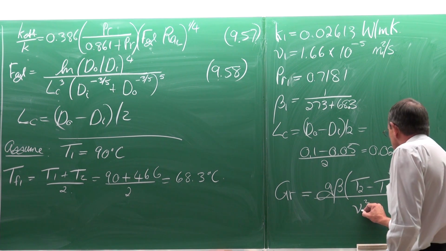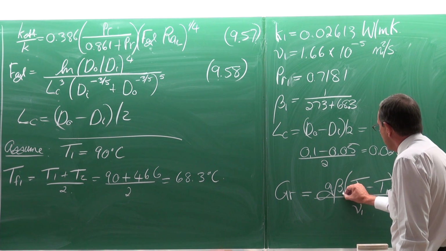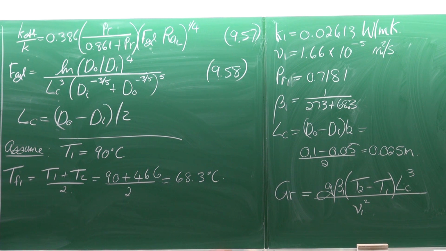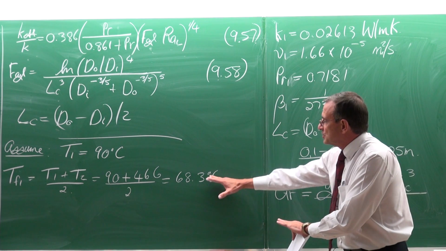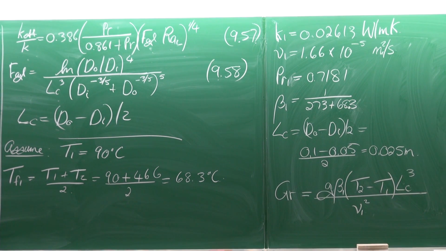So that is known. The viscosity is at 1 and that beta is at 1, at the average of the temperature between the two surfaces.